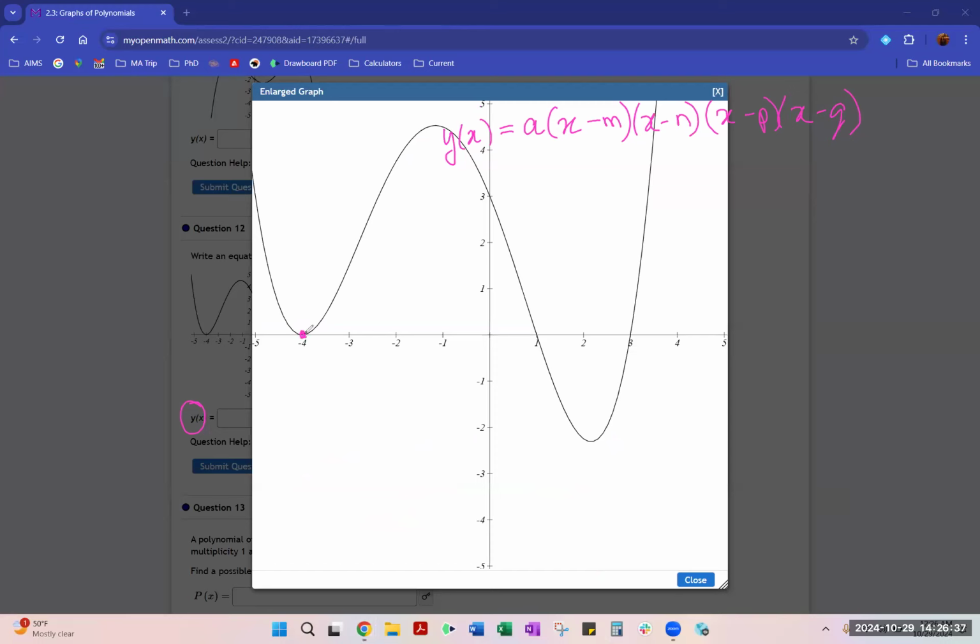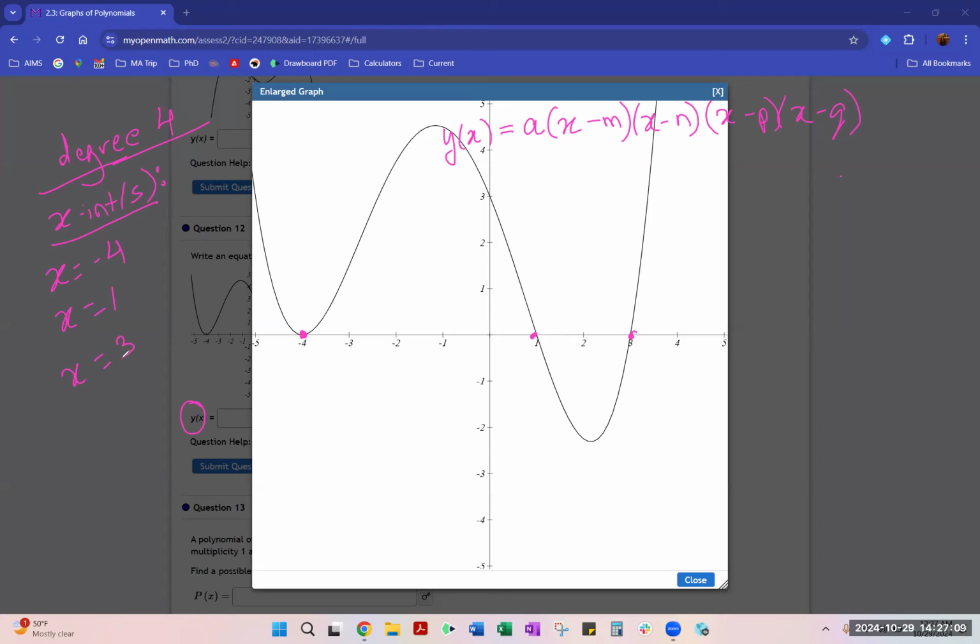All right, let's take a look at the x-intercepts next. Again, guys, just to make sure we're logging everything, we know this is a 4th degree polynomial. Our x-intercepts are going to be at x equals -4. We are going to have another x-intercept at x equals +1 and x equals +3.